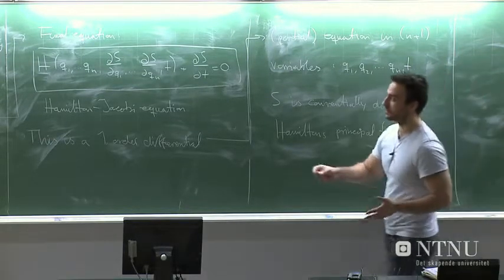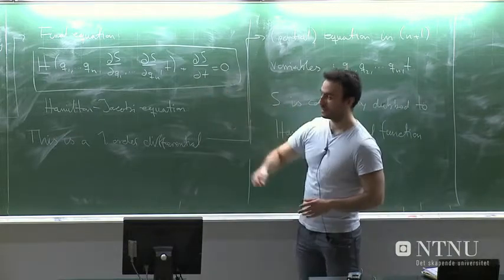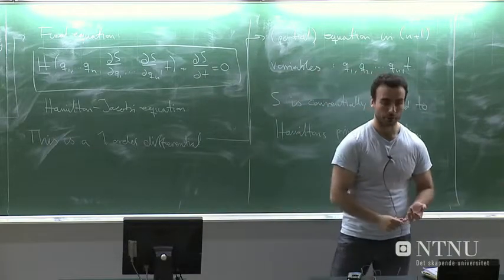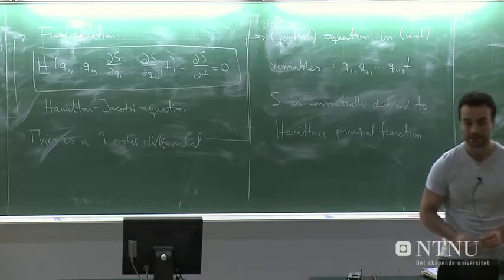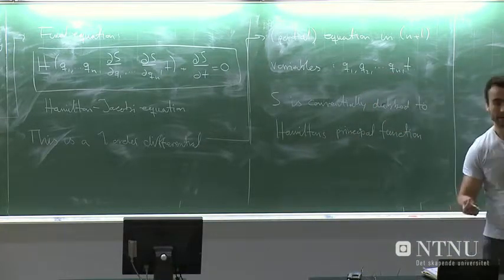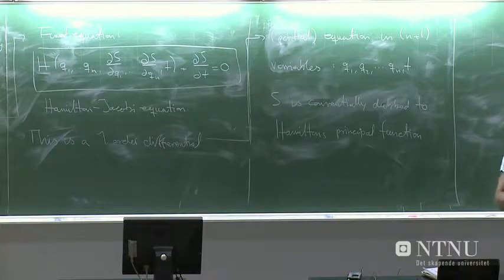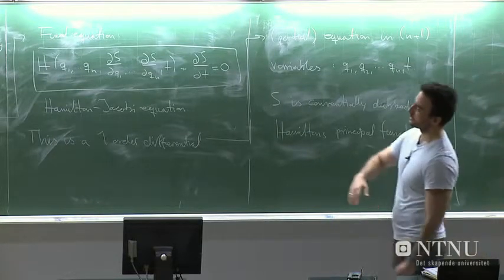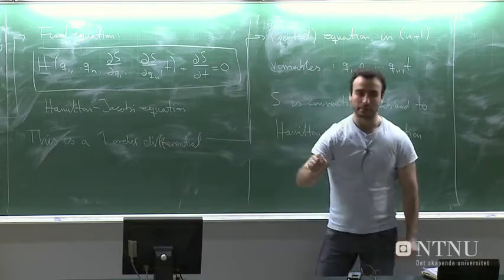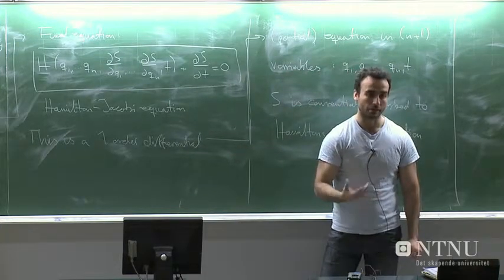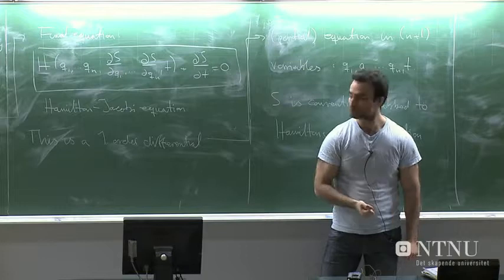So what we need to find from this equation is a solution for q and p. In the same way, using the Lagrangian method, what we're ultimately interested in is a solution for the generalized coordinates, q and q dot. So when you're asked to solve a system, you're supposed to find the time dependence of the generalized coordinates and/or momenta.